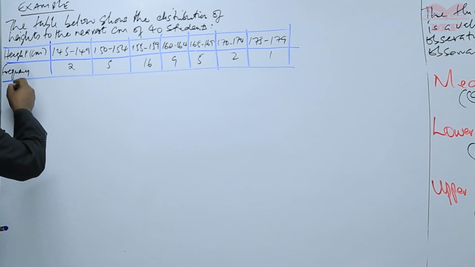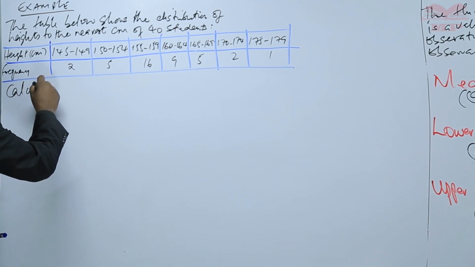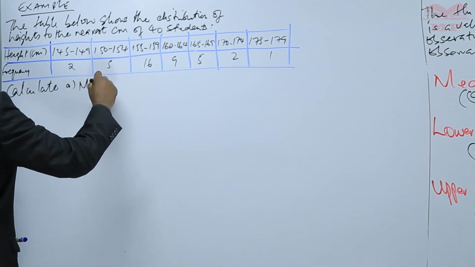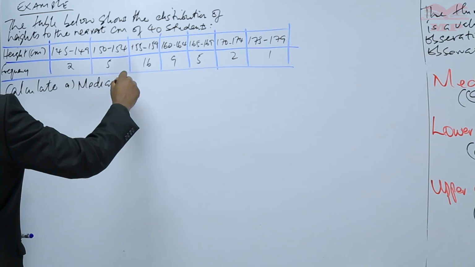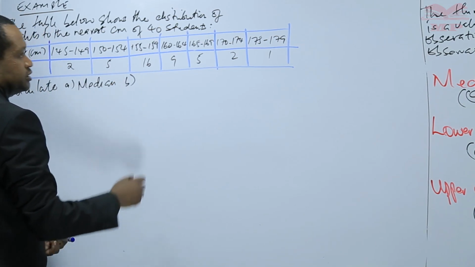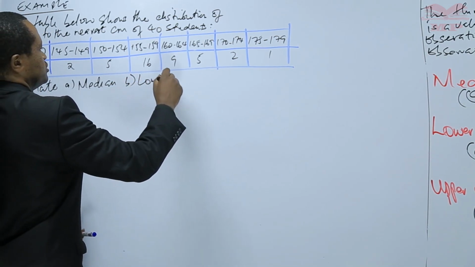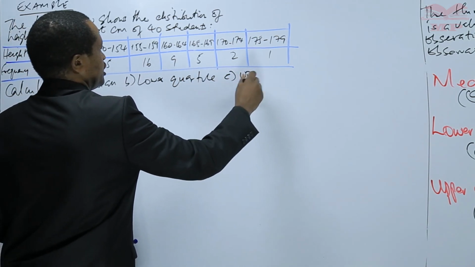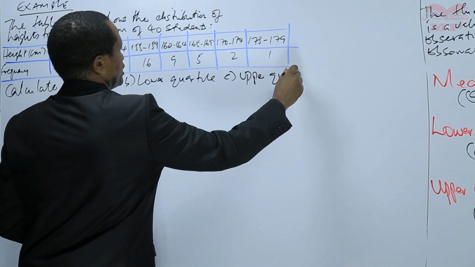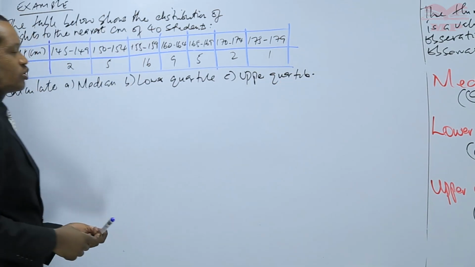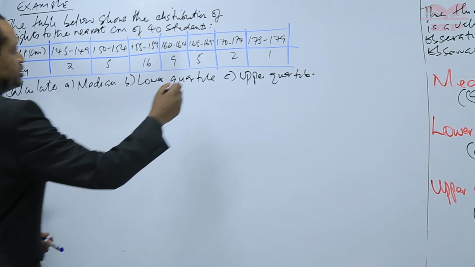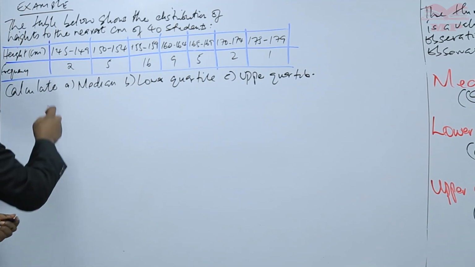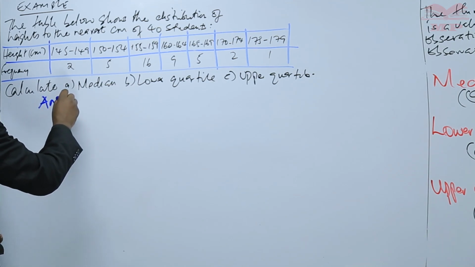Calculate A, median, B, lower quartile, and C, upper quartile. That is the question. Let's have the answer. You are going to answer this question.